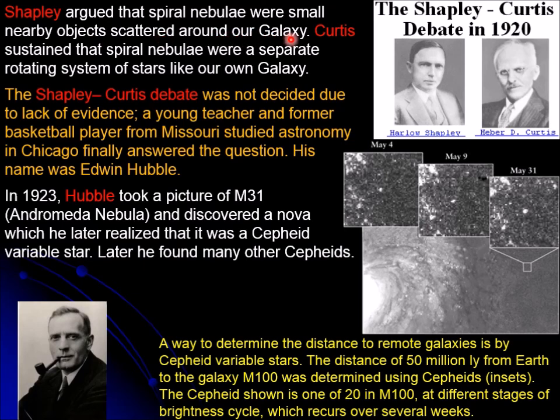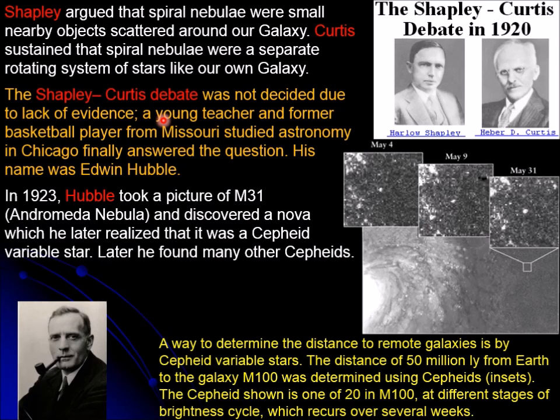So for him, our galaxy was the whole universe. And Curtis, here on the right, said that no, those are separate nebulae, outside our Milky Way. This debate didn't have a conclusion because they didn't have enough information. It was more philosophical than anything else.